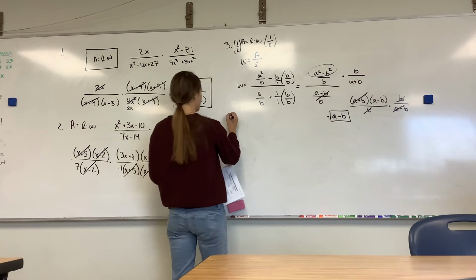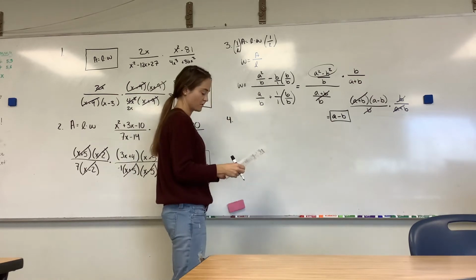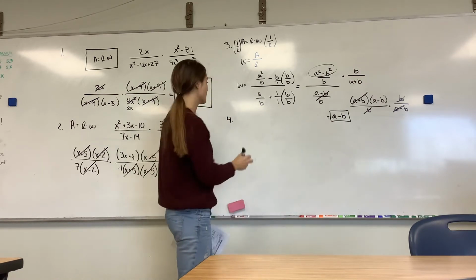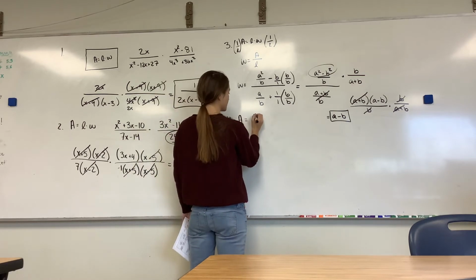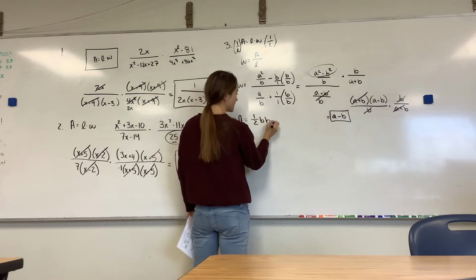Okay, number 4. This is our use of triangles. We know that the area of a triangle is 1/2 base times height.